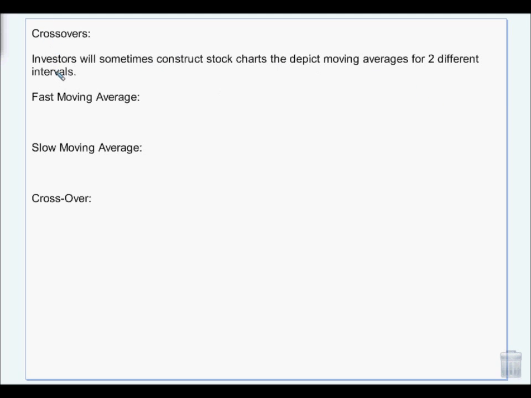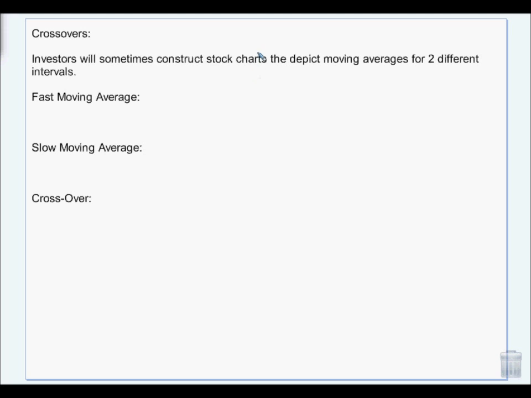What happens at the crossover is you're making, on the same graph, moving averages for two different intervals. So you might have a 4-day SMA and a 10-day SMA, and you put them for the same data on the same graph, and the pictures are going to look different.